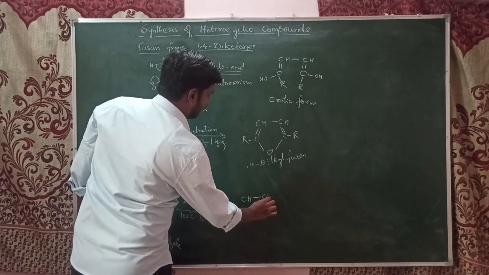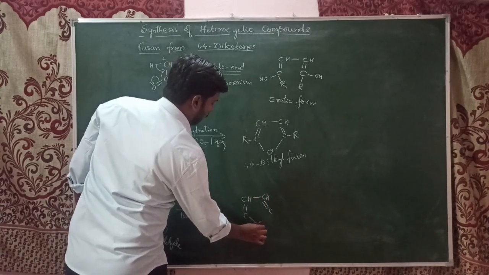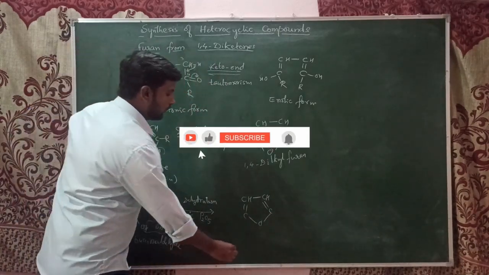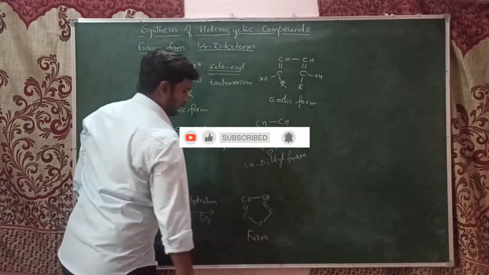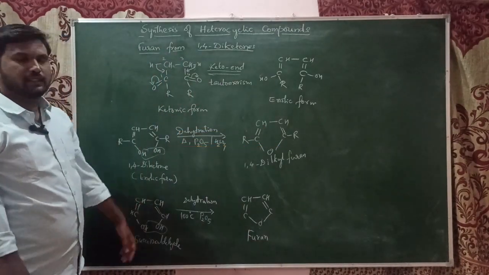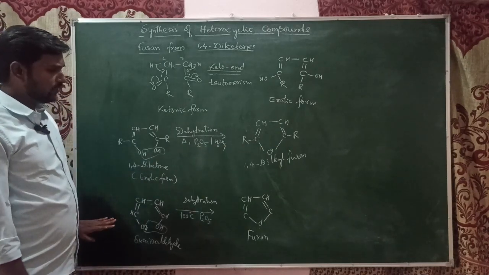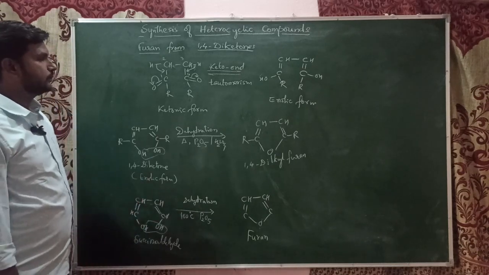CH single bond CH double bond C double bond C, O. This is our furan. We can get furan directly from succinaldehyde by dehydration in presence of phosphorus pentoxide. This is a very simple method which is usually asked for 2 marks in your exam.